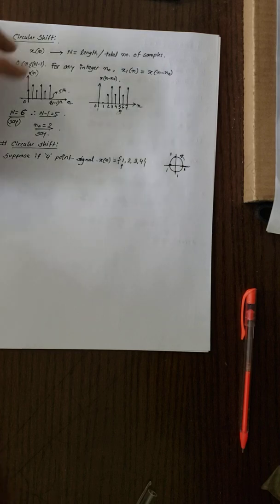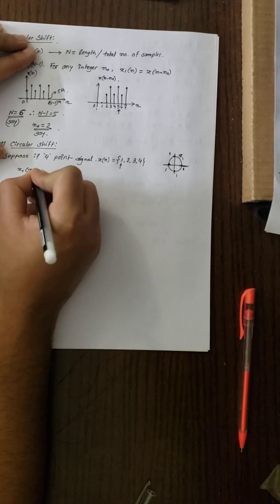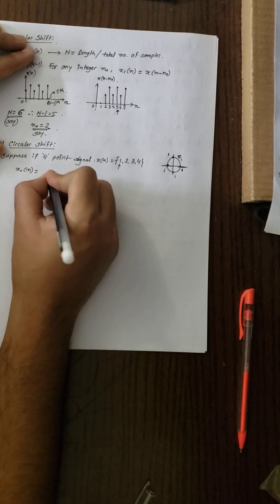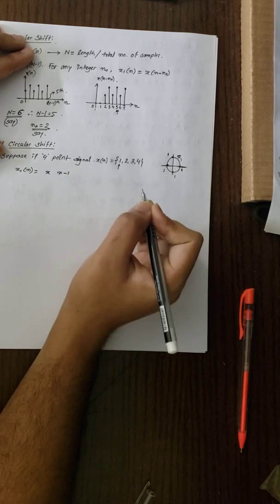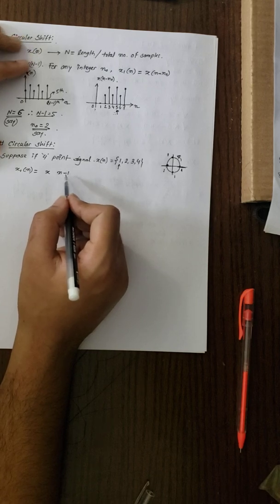Then let us define x1 of n, which is shifted by a value of n minus 1. That means it is delayed by one sample.